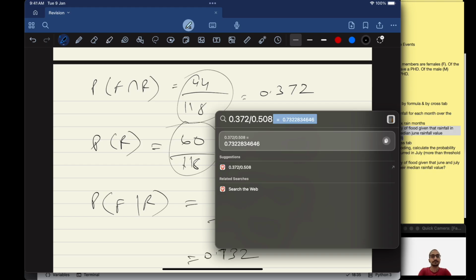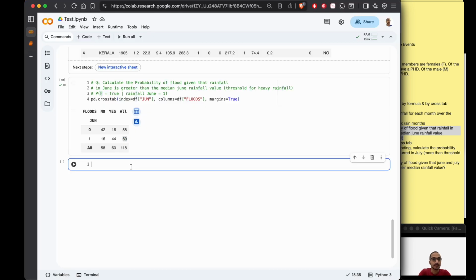So the probability of floods occurring given heavy rainfall in June, rather rainfall greater than the median in June, is 0.732 or 73%.